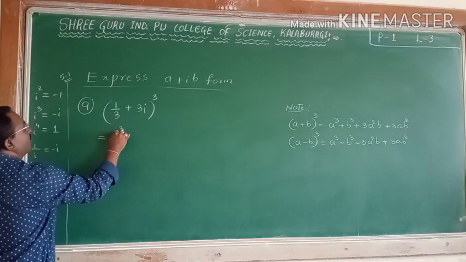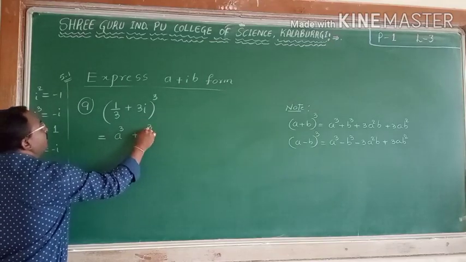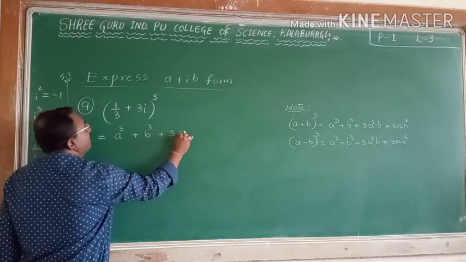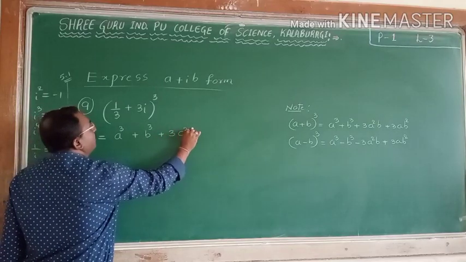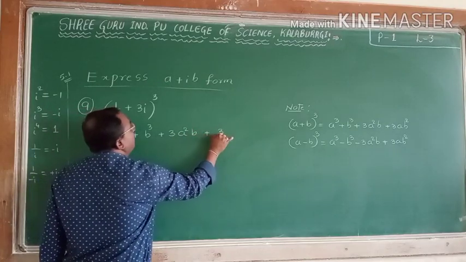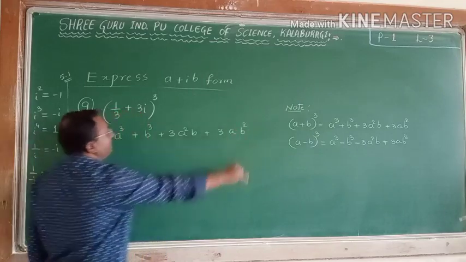a plus b whole cube formula: a cube plus b cube plus 3a square b plus 3ab square.